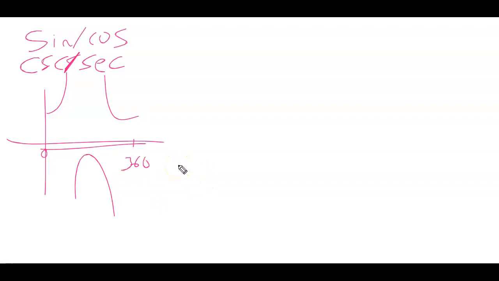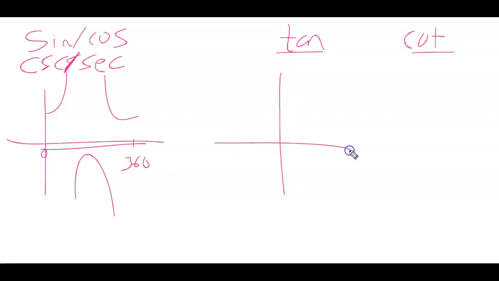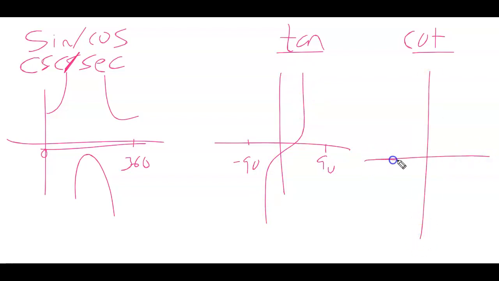But there were two other ones that we talked about, tangent and cotangent. Now, tangent, as you might recall, tangent went from -90 to +90, and it looked like that. That's a period of only 180 degrees. Cotangent's the same. It also has a period of 180 degrees. It starts at 0 and it ends at 180.